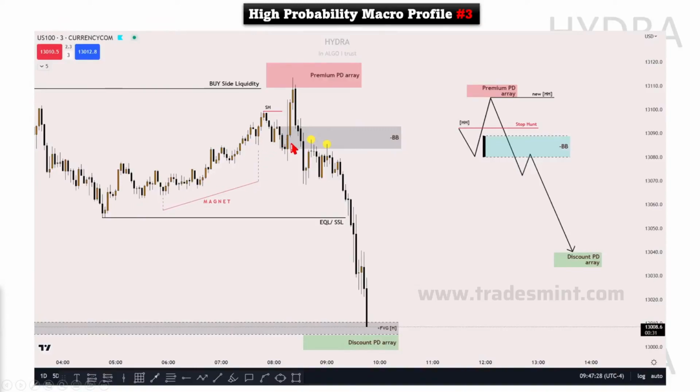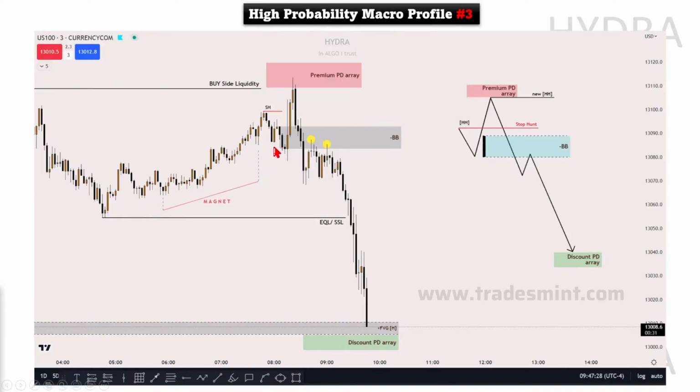Now we are waiting for price to get inside the macros. Price got inside the macros, price cleared out the swing high, okay? So here it can be a swing high, it can be a fair value gap, it can be an order block, but this PDRA should be coming from the higher time frame. It should be a higher time frame buy side liquidity, okay?